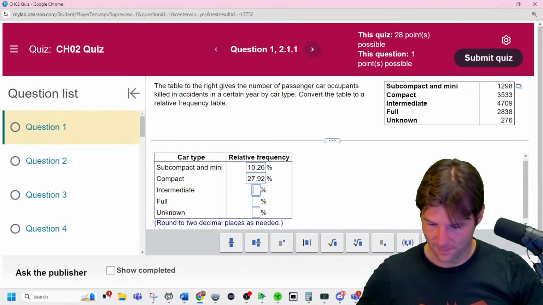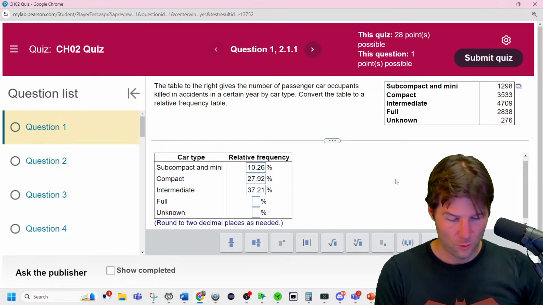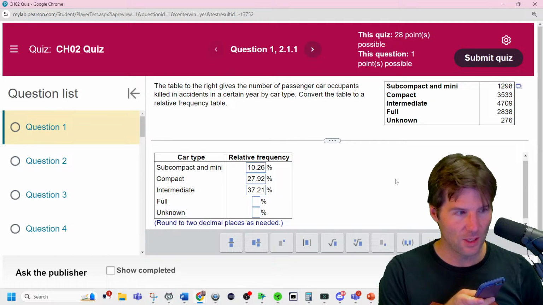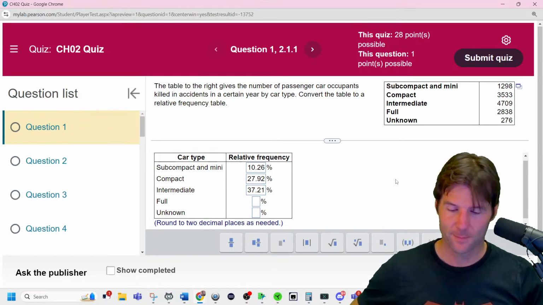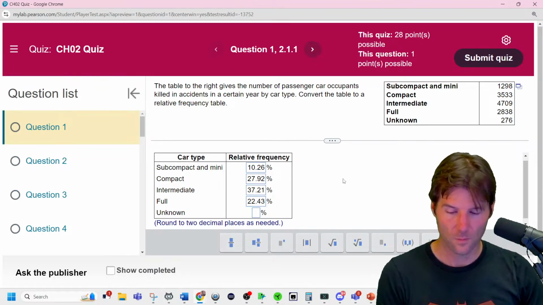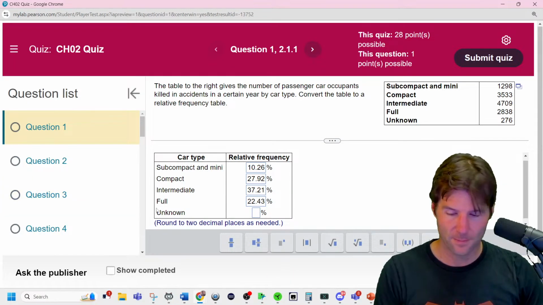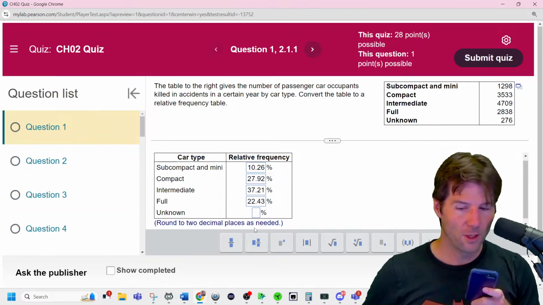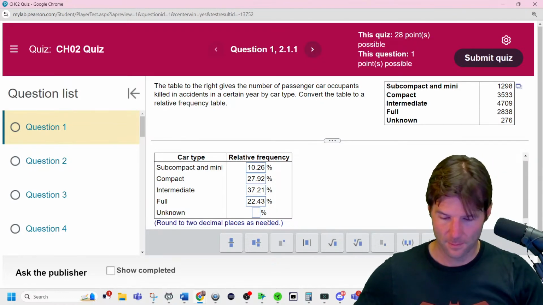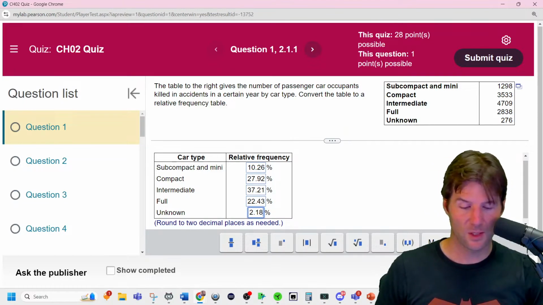The answer is approximately 0.3721. What is 2,838 divided by 12,654? It's approximately 0.2243. What is 276 divided by 12,654? It's approximately 0.02181. Okay, that should be right to 2 decimals.